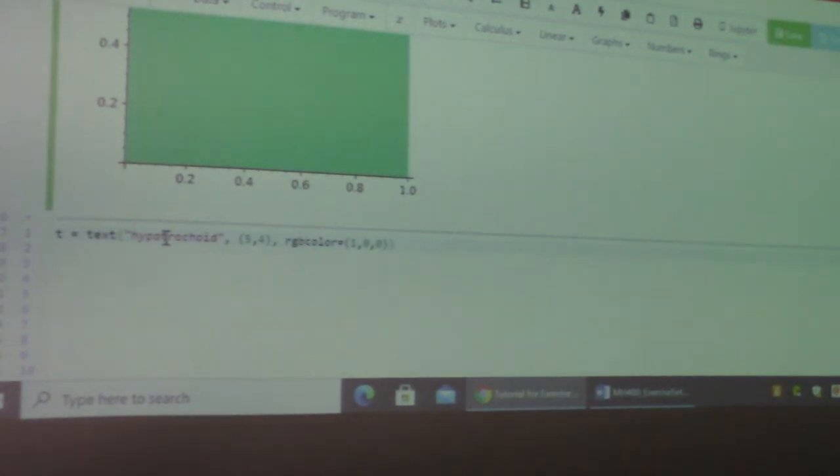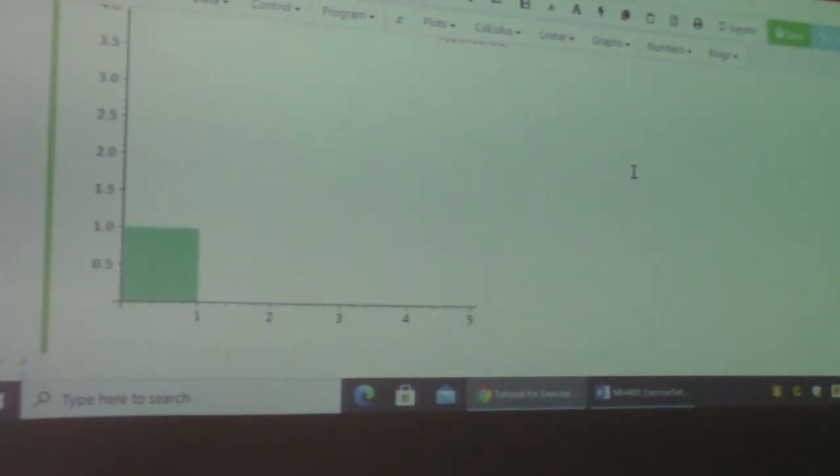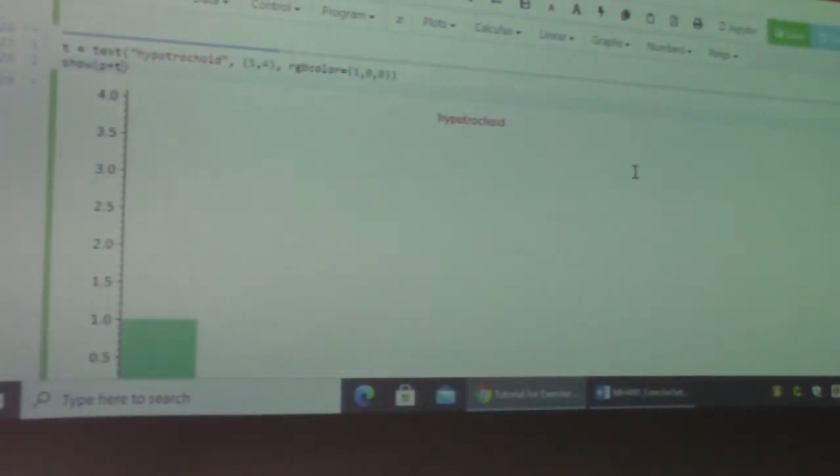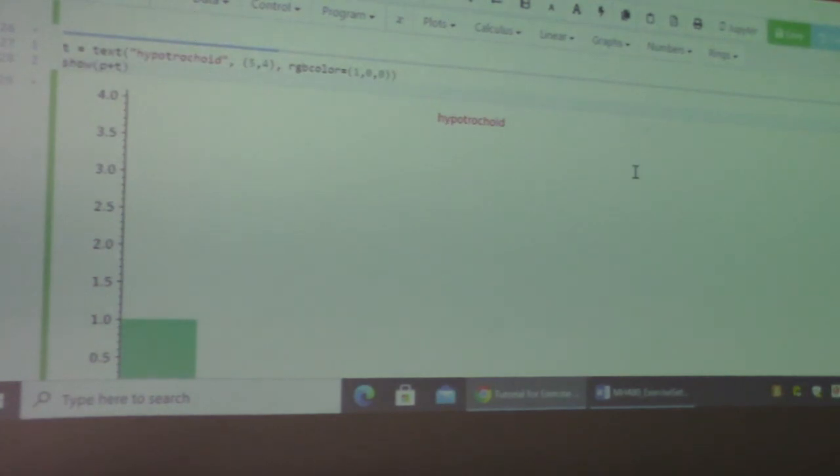So I let t equal that, and then I show p plus t. Look at that. That's funny. See this?